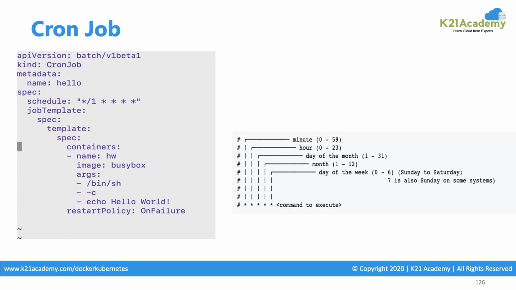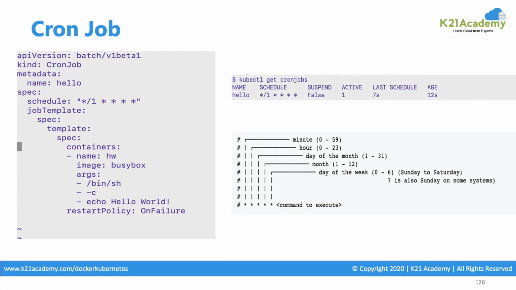Here the container's name is HW, and the image of the container is a simple BusyBox operating system image. As soon as the container starts, we are starting a shell as the primary process inside it, and we are executing a command of echo hello world. There is a restart policy mentioned. The container gets restarted only when you have any failure condition specified.